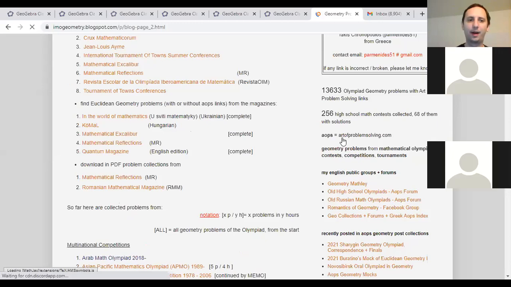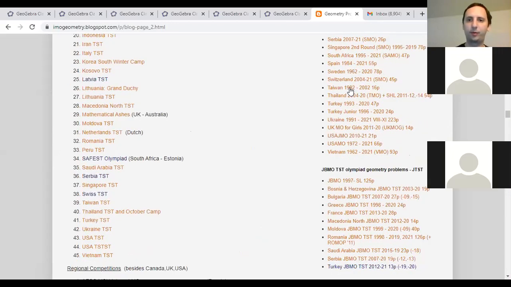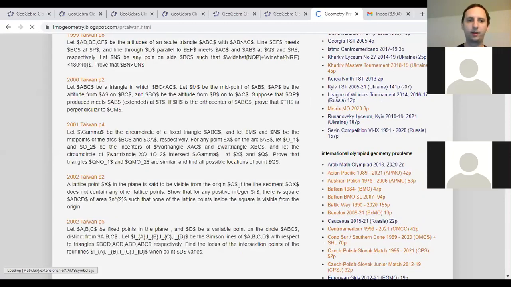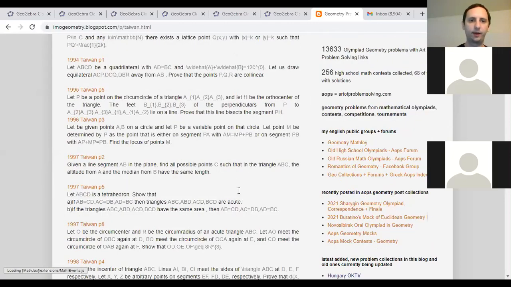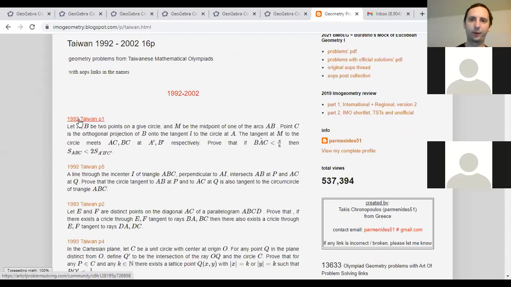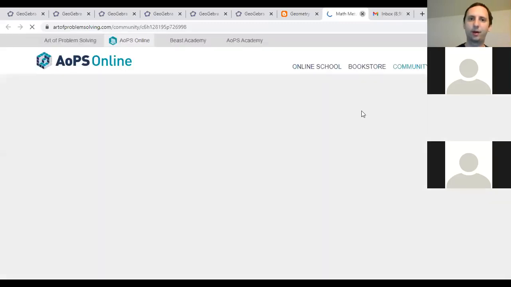I just pick ones that I find interesting and where the problems look nice. You can click on any contest, like Taiwan's Math Olympiads, and he has all the geometry problems since the beginning. If you click the link, it takes you to AoPS, which is really cool. That's mainly how I come up with the problems.